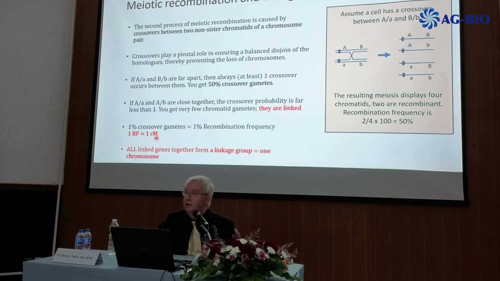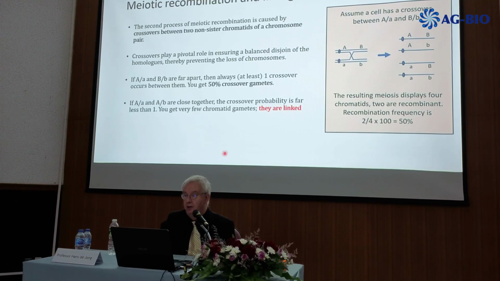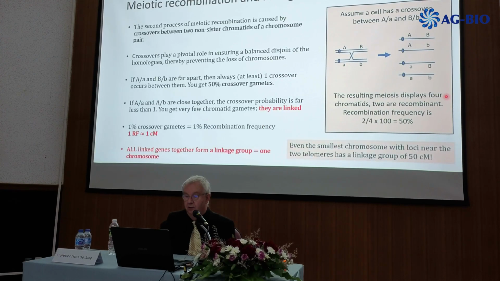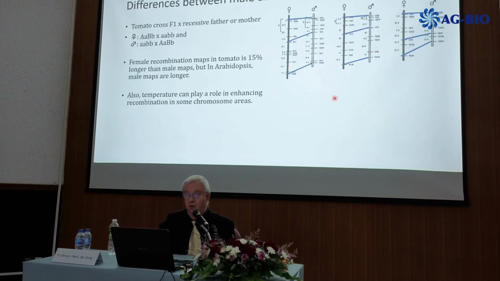And 1 centimorgan is the very basic unit of genetic distance between two genes. All linked genes together form a linkage group. As you can see in the previous part, here this is a linkage group and that is a linkage group. And in the end, you will see that the number of linkage groups always corresponds to the haploid number of chromosomes. It seems very clear, but later on you will see in genetic mapping, this information plays a very crucial role.